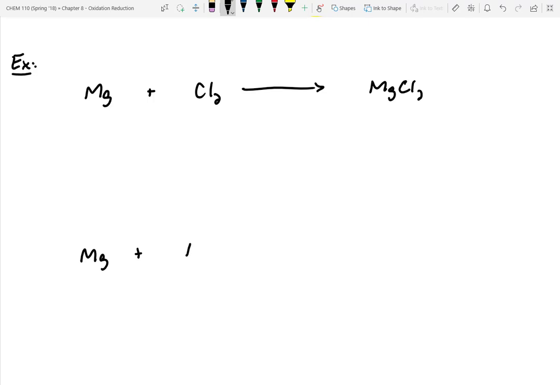We'll do magnesium plus N2, that's our nitrogen gas, to make magnesium nitride, so Mg3N2. And be sure you balance everything too. So identify which element was getting oxidized or reduced.